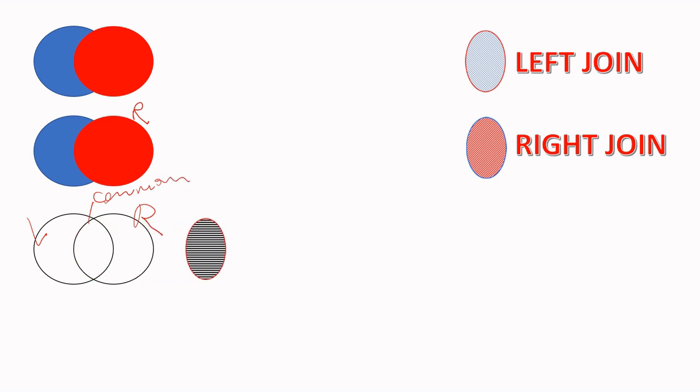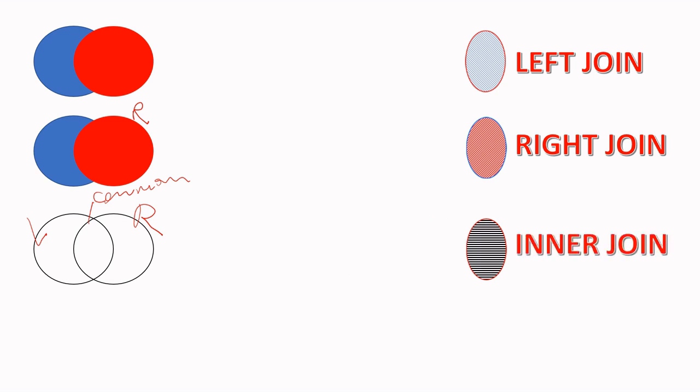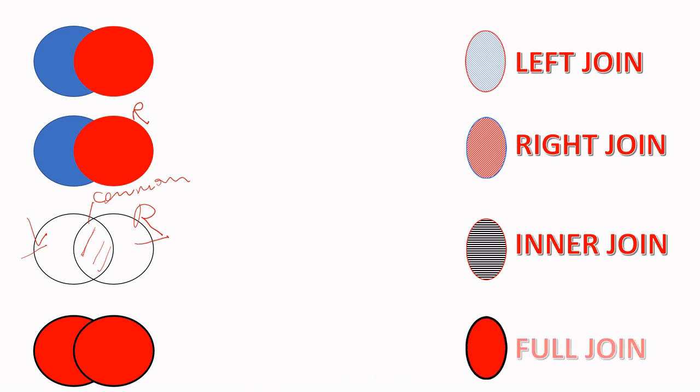So this is called inner join. Whatever is available in this table and whatever is available in this table, it finds whatever is common in both, and that gets printed. That is called the inner join. Now here it will take all the observations from the left table, all the observations from the right table, and print all of them together, and that is called the full join.